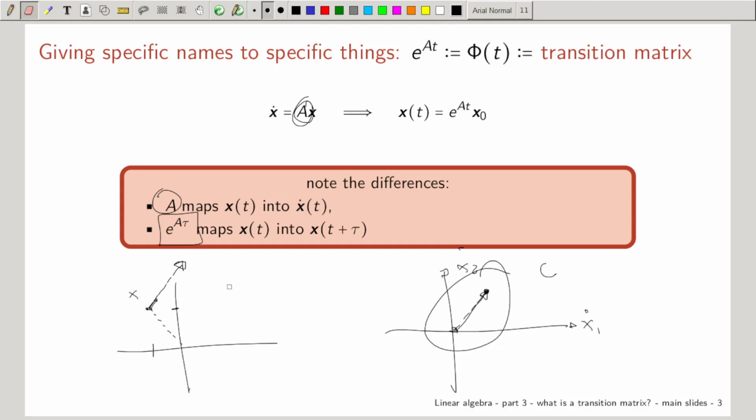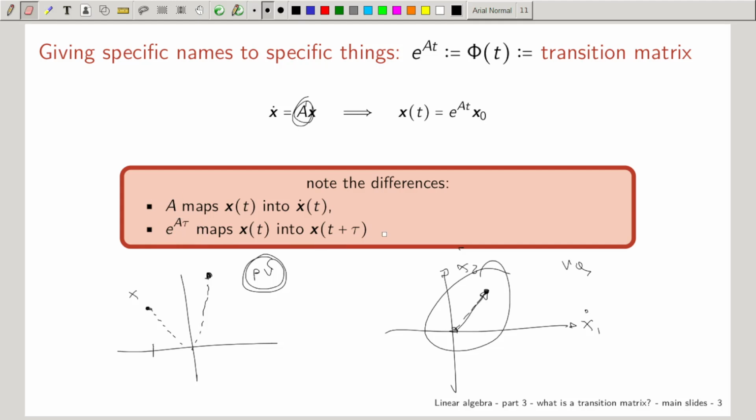A goes from a domain that is position and velocity into velocity and acceleration. e^(At) starts from position and velocity and ends in position and velocity. e^(Aτ) tells me this point here is not a tendency. This is where I'm going to be.